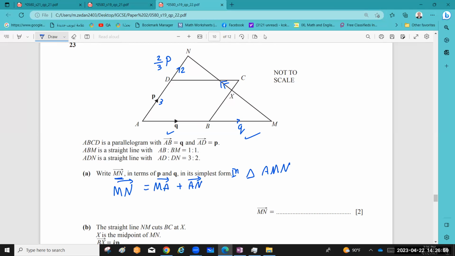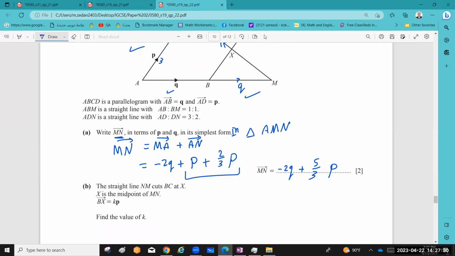MA is in the opposite direction of 2 Q's, so negative 2Q, plus AN, which is vector P, which is AD, plus 2/3 of vector P. So the sum is negative 2Q plus 5/3 P, by adding P and 2/3 P. That's it. Quite easy.